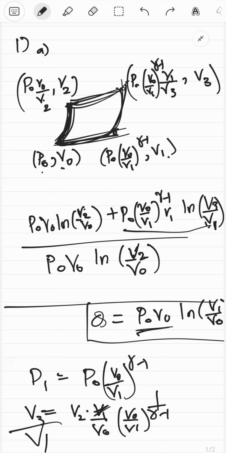The only real thing that we should be using is the fact that you have isotherms and adiabats and all that, right? So did we mess up somewhere? So you know what v3 is in terms of v2, v0 and v1, but what we need is what v1 is.